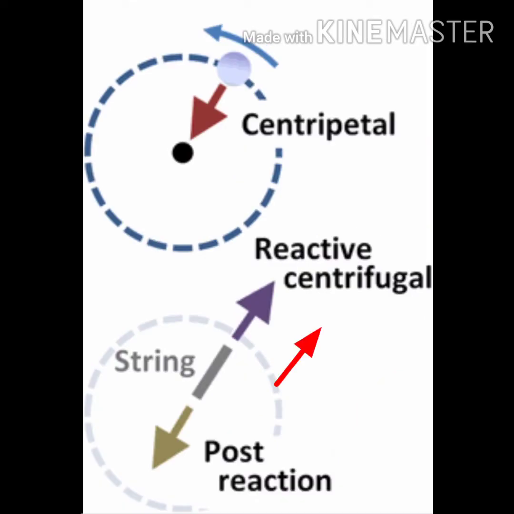So, holding a stone with a thread in hand and rotating it, you can see here the red arrow acting inward is centripetal, and the purplish one is centrifugal force. All right, now let's go to Newton's laws of motion.